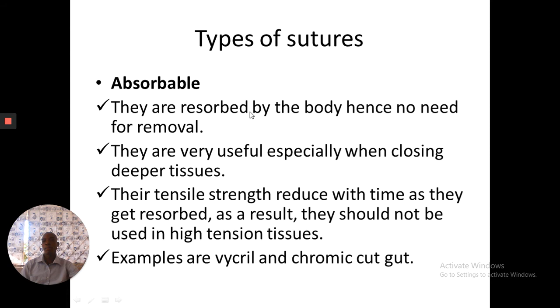But the issue is that their tensile strength usually reduces with time as they get resolved, and this makes them not very useful in high tension tissues. For example, you are suturing a joint, then there's going to be movement there, and as time goes, they get resolved. So once you move, then the wound gaps again. Examples of these are Vicryl and chromic catgut.